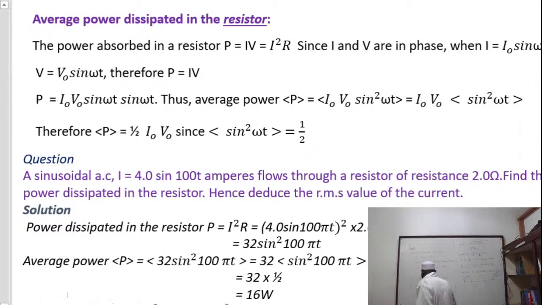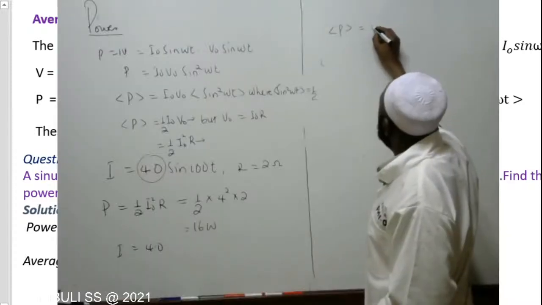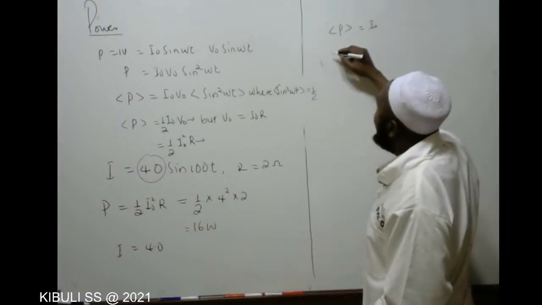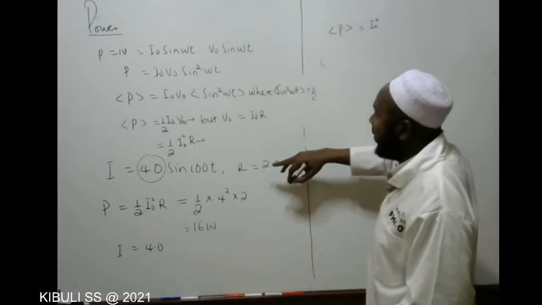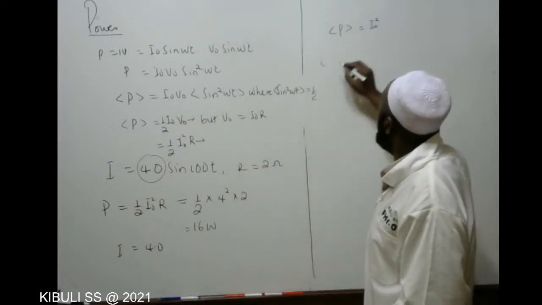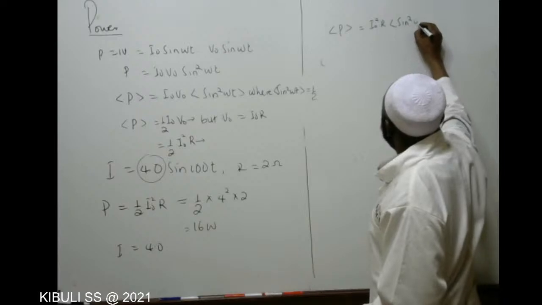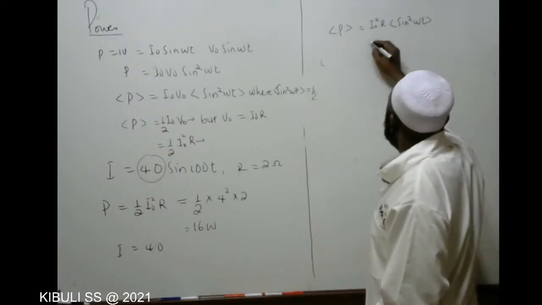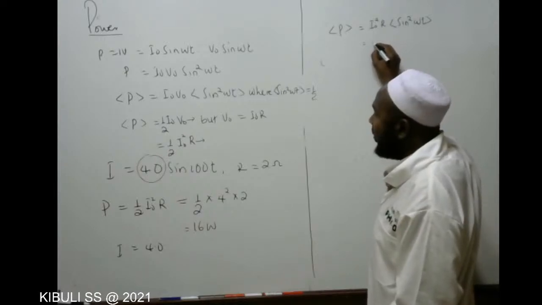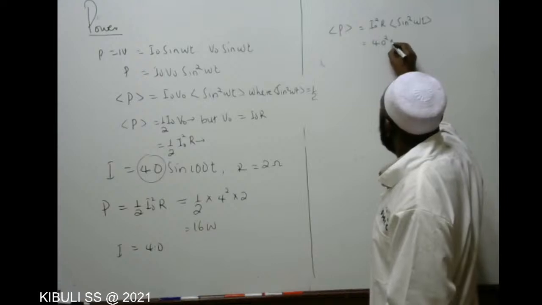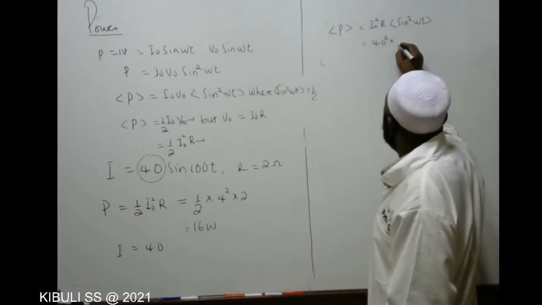The average power is equal to I naught squared R, and we can simply say that this is going to be the same as I naught, according to the question, 4.0 squared times the resistance, which is 2.